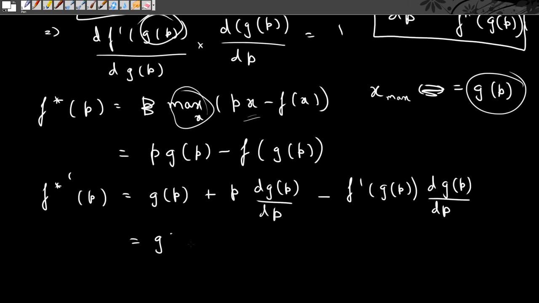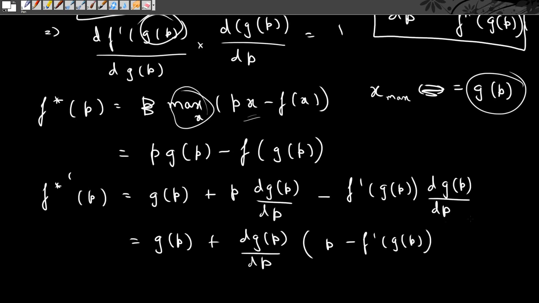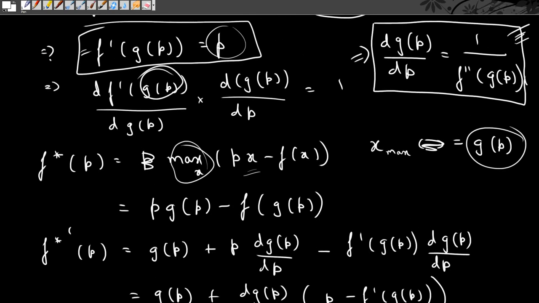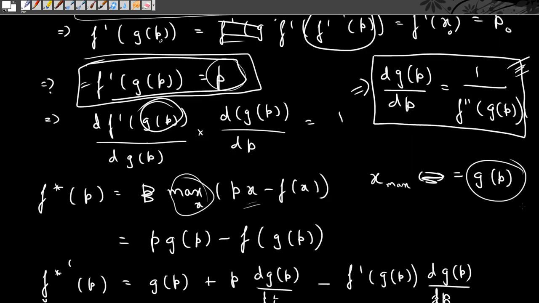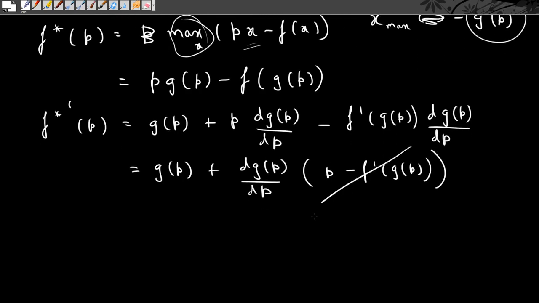This is equal to g of p plus dg of p by dp times p minus f dash of g of p. But we have already seen that f dash of g of p is equal to p, and therefore this will go to 0. That means our f star dash of p is just equal to g of p.